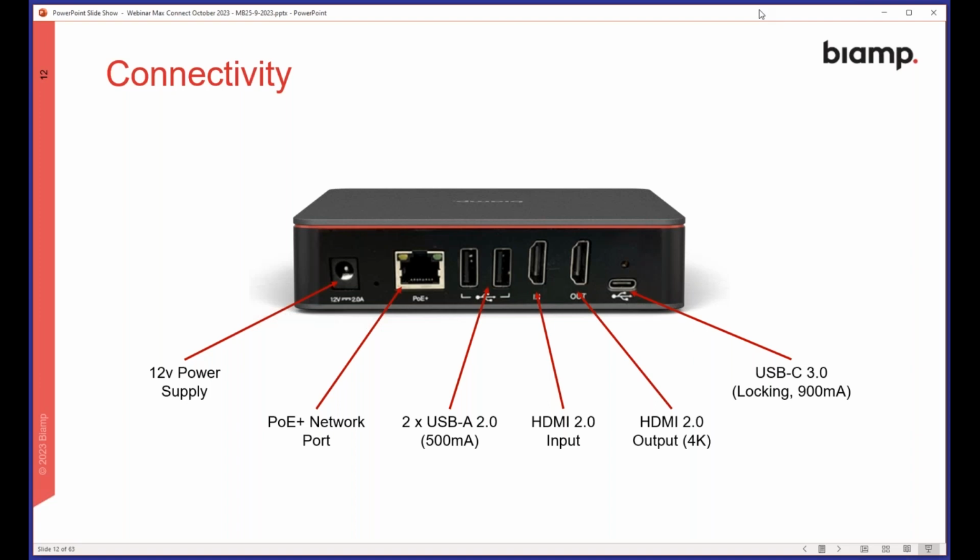Then HDMI in, about the possibility to connect directly a laptop using the cable and presenting the content in this way, as Giulio said before, and the HDMI out for driving the content to the room display. The last port is a USB-C port, very useful for connecting, for example, our BBC 2500.